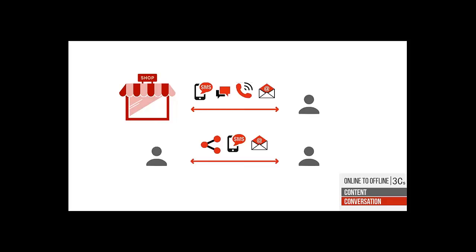Now when I talk about conversations, there are really two kinds of conversations that you have to enable for the consumer to convert into a real customer. The first one is enabling communication, preferably real time, between the store and the user.